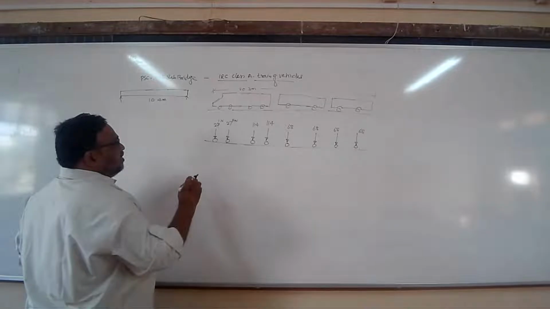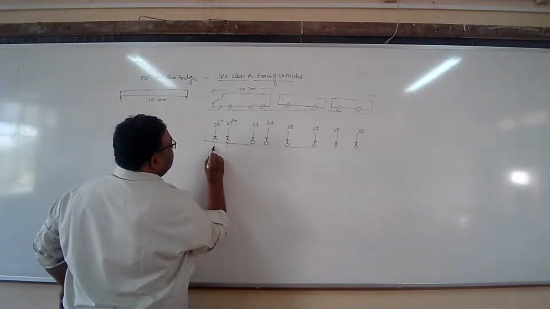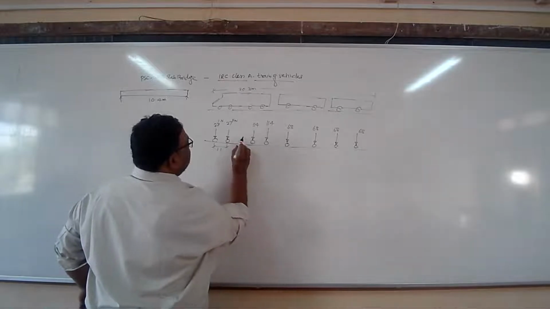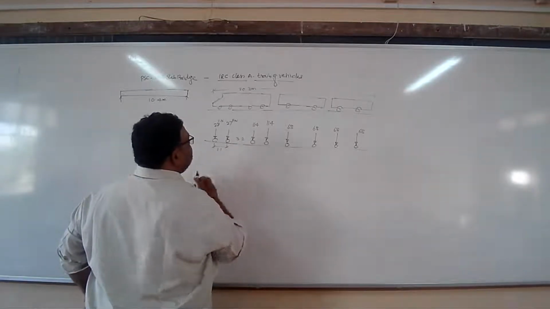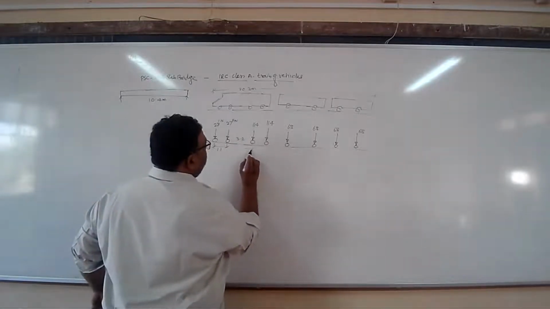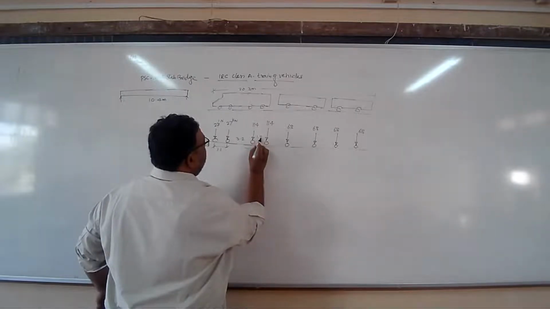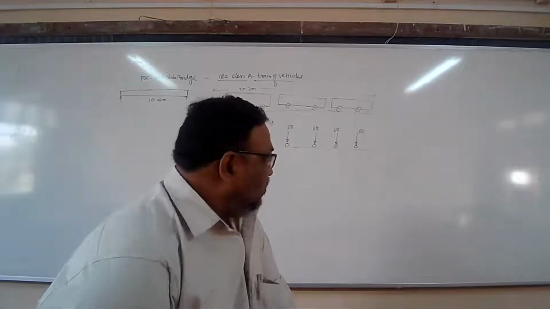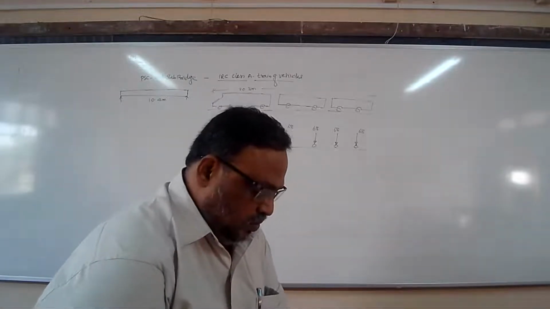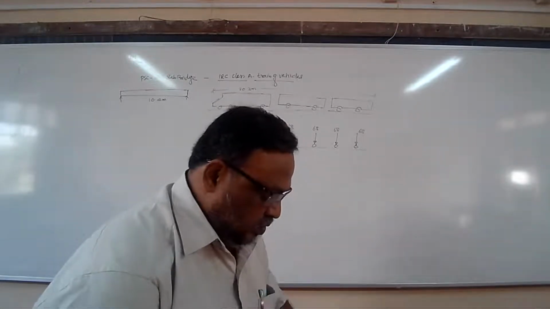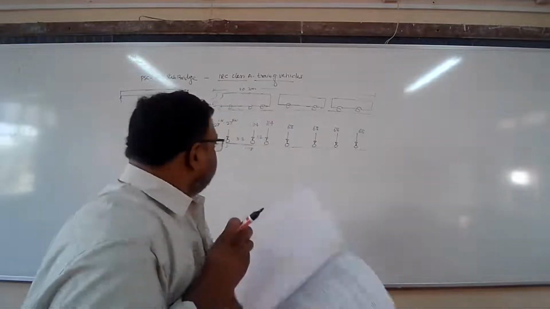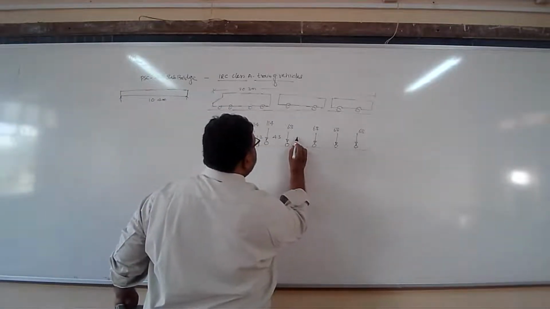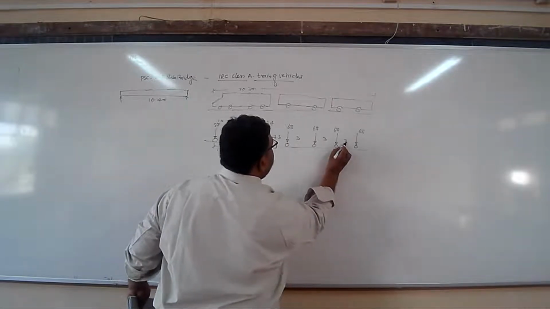And if you see the axle to axle distance, this is 1.1. How much was this? Was it 3.2 meters? 3.2. 1.2 meters. Right? Then it is maybe 4.3 meters, then it is 3 meter, 3 meter and 3 meter.